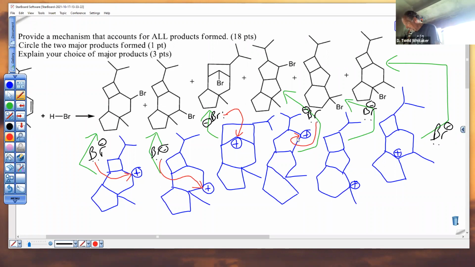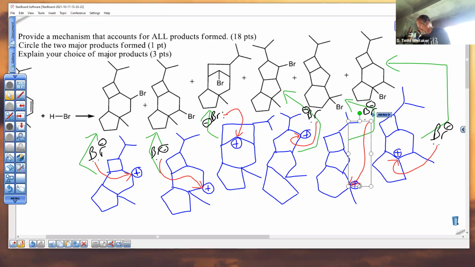Sad upset. Lone pair, all the way to the carbon, please. Don't stop at the cation in this example. For example, if you do this with your arrow and it stops like there, I don't like it. What's it stopping at, a bond? Electrons don't go to electrons, that's a bond. Stops at the carbon. All right, we have 12 out of 18.